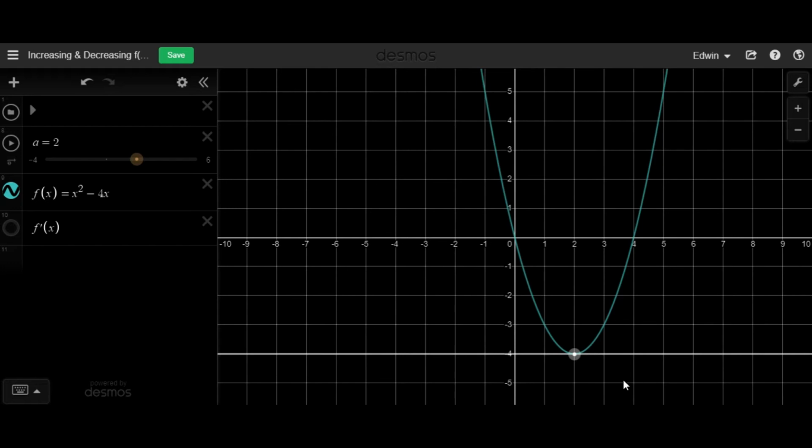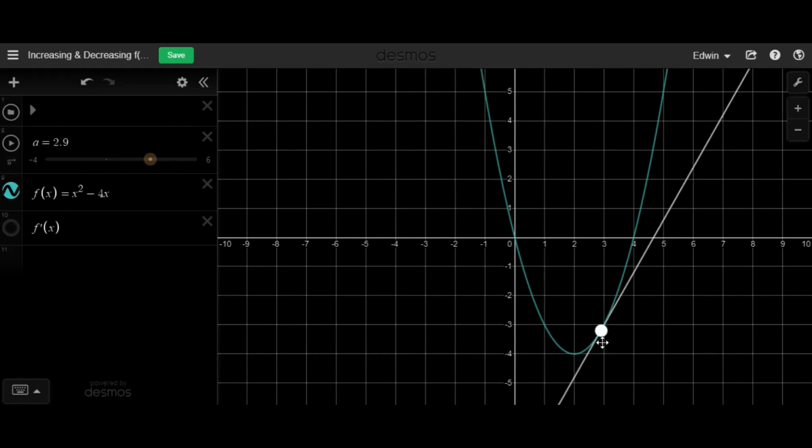So there's a stationary point because we have a horizontal tangent slope. It's also a turning point because I'm sure you know that the function is turning around and now it's getting bigger. And notice it's going up and the y values are increasing. And that is also evidenced by the positive tangent slopes. So just quickly again, when you see negative tangent slopes, functions going down, y values getting smaller.